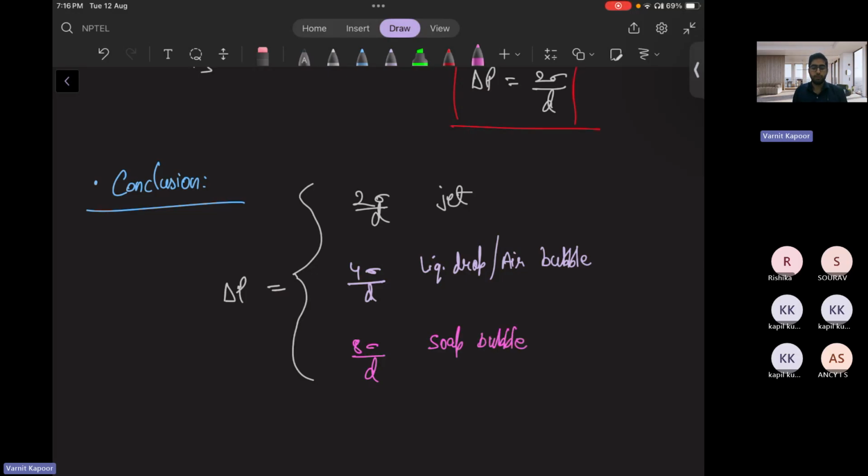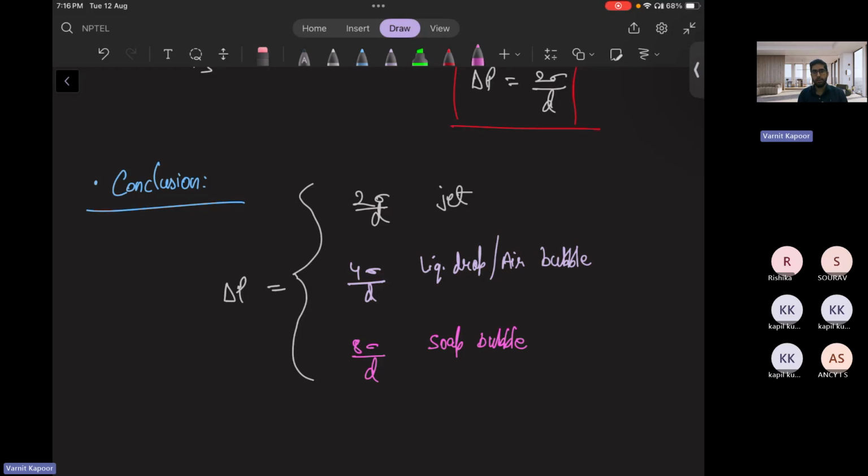Okay, so a soap bubble has a higher pressure difference. That means more force is required to make the bubble, whereas a jet will form easily. So that is why you need to push. In nature, you cannot see soap bubbles directly if you don't give any external force.